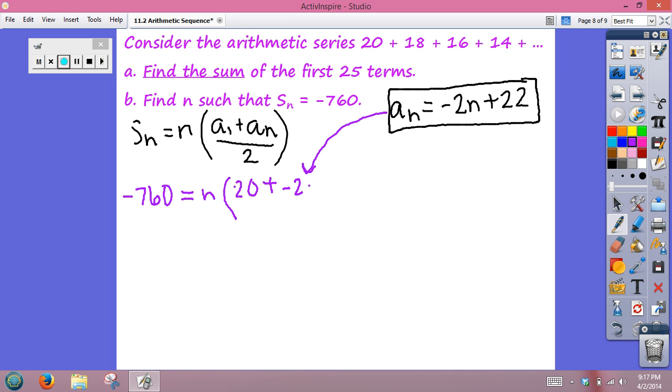So that's negative 2n plus 22, all over 2. Now what we can do is simplify what's inside the parentheses and distribute what's outside the parentheses. So we get that that is equal to n times negative 2n plus 42 over 2.